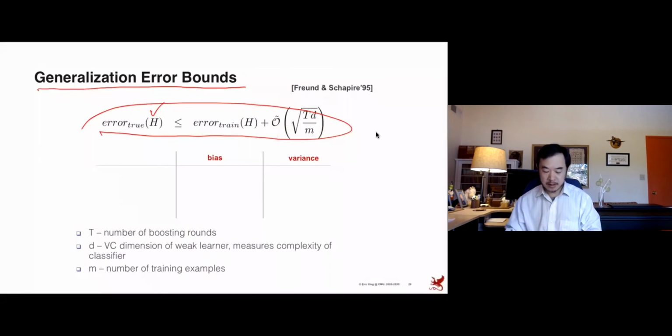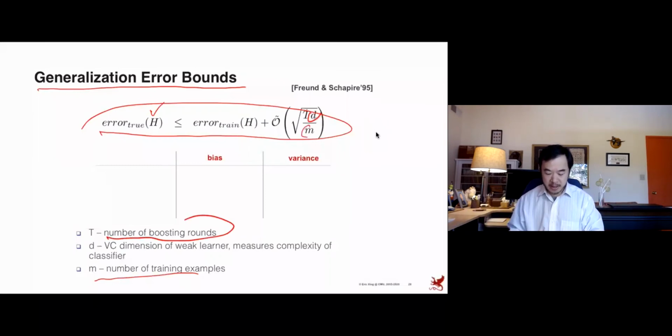It goes like the square root of T, which is the number of iterations, and d, which is the dimensionality of the model. Down the road we're going to learn VC dimensions and everything, which tells you how complex this model is. The more complex the model is, the more likely you are going to overfit. And then m, of course, is the number of examples. The more samples, the better you are going to reduce the risk.